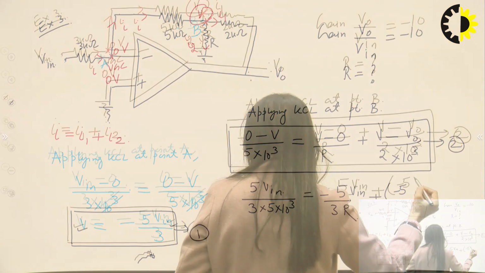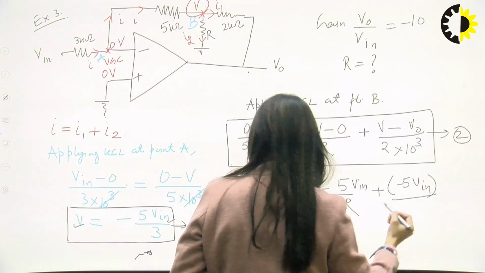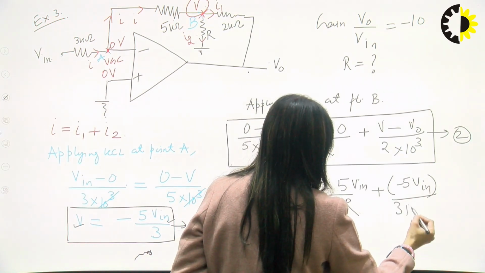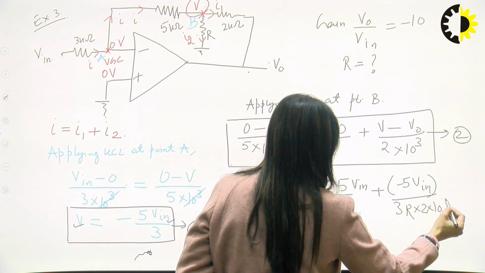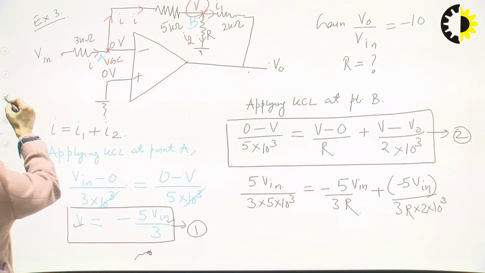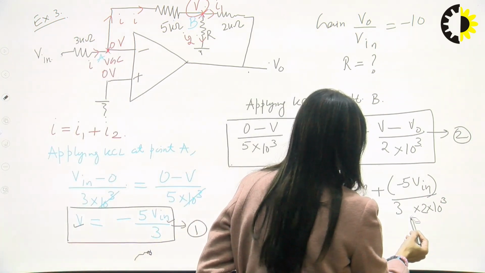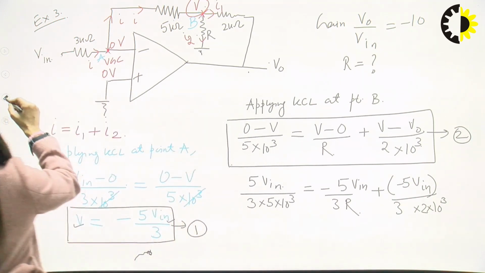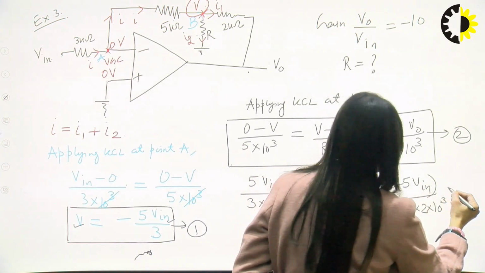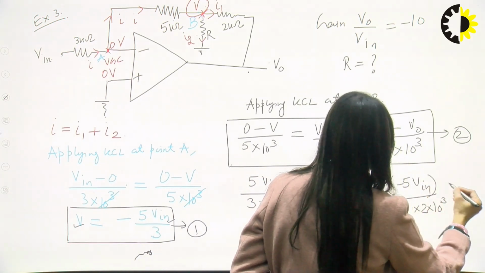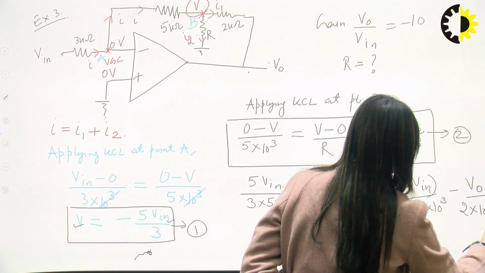minus 5 Vin upon 3R into 2 raised to the power 3. Right. Minus VO upon 2 into 10 raised to the power 3.